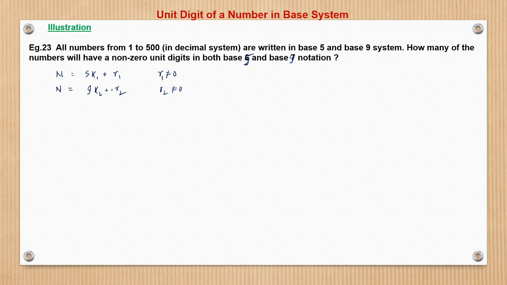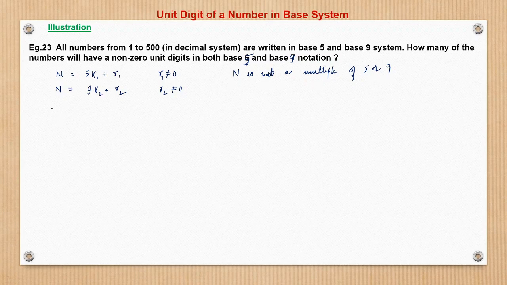Then only it's possible. In that case, the unit digits will be r1 and r2. So it means that n is not a multiple of 5 or 9. So we have to find basically the number of numbers up to 500 which are not a multiple of 5 or 9.